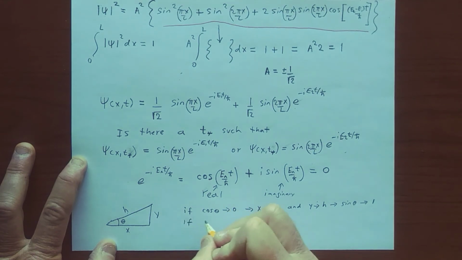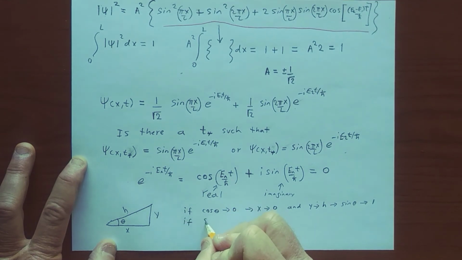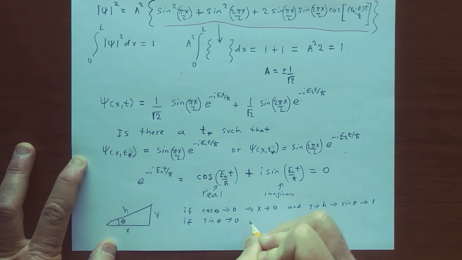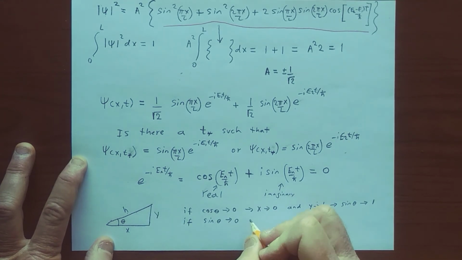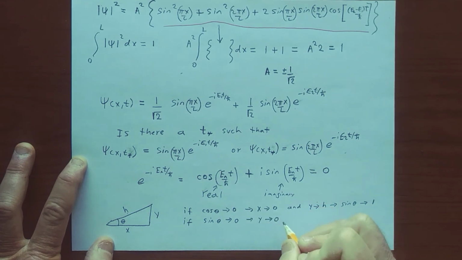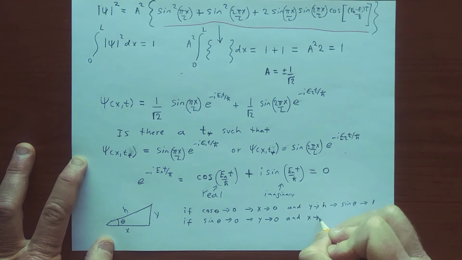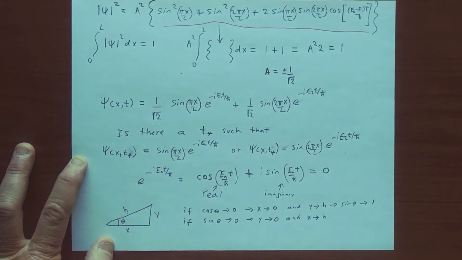Let's think about the sine of theta. So let's say that goes to 0. So what does that mean? Well, it means that y is going to 0, right? The opposite side is going to 0. And therefore it's the x that then ends up becoming h.